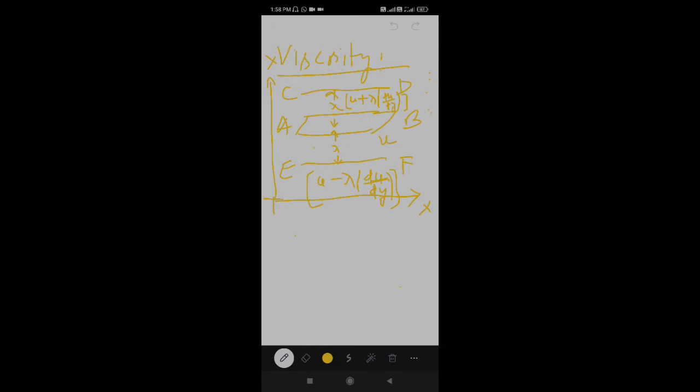The lower layer is imparting some momentum to the AB layer in the backward direction due to its low velocity. So these forces acting in opposite directions are hindering the motion of the intermediate AB layer.